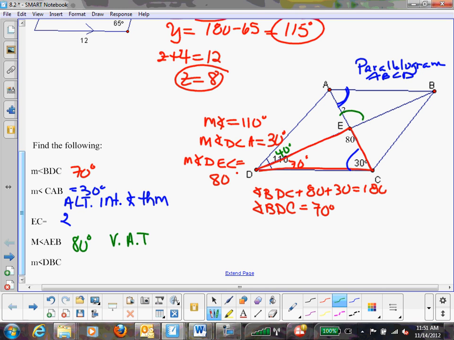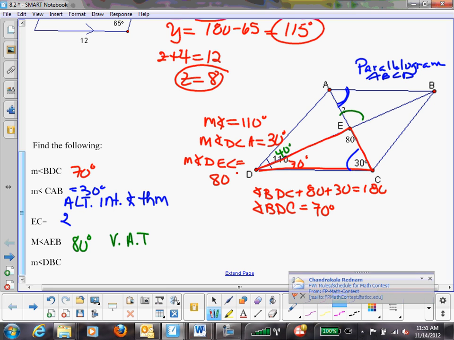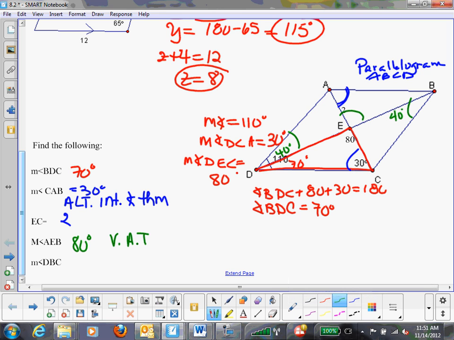DBC. Okay, so not so much that the triangles are congruent, but again, what do we know about these two angles? Exactly, and that's why this is going to be 40, alternate interior angle theorem.